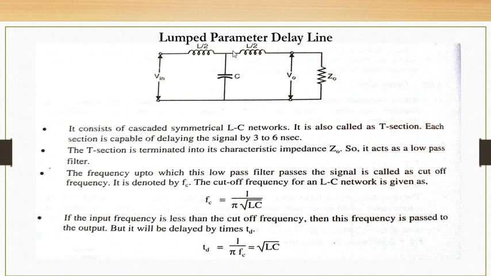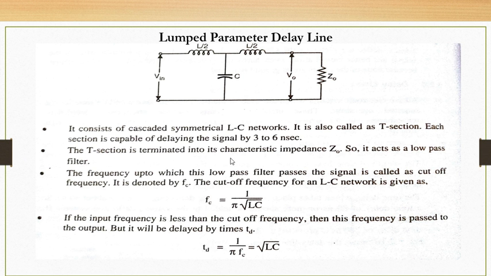This is the single T section, so it is giving you this 6 nanosecond delay, and as per your use or as per your design, you have to increase the T sections in your circuit.